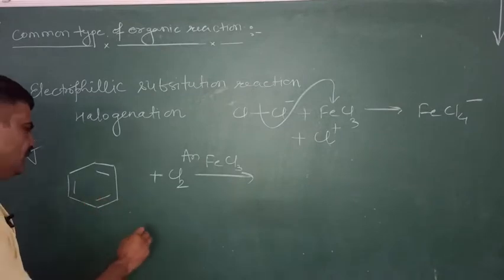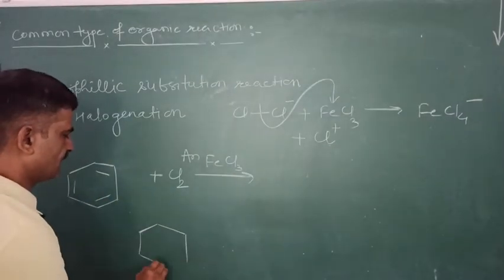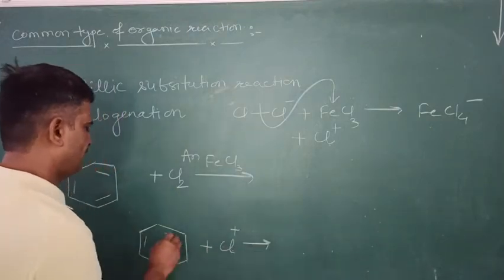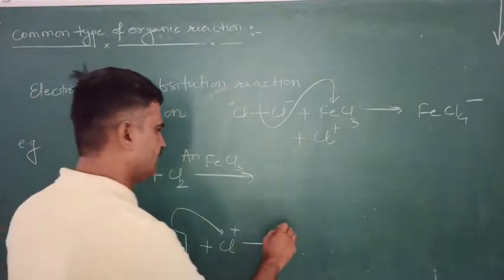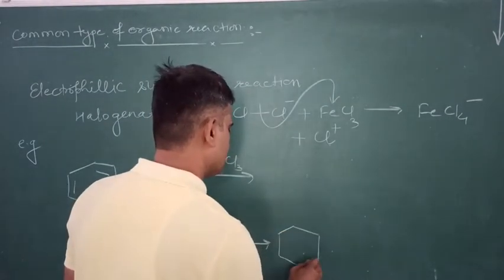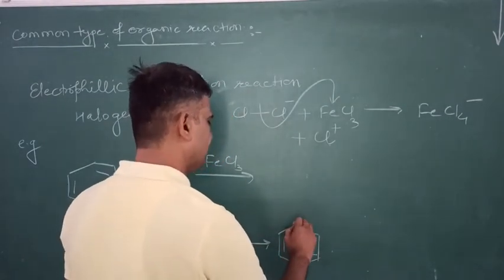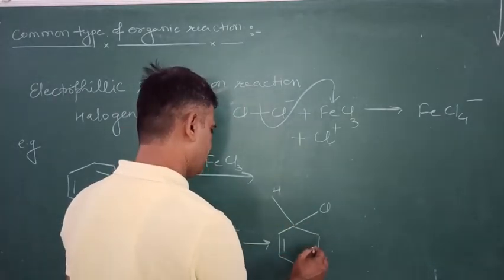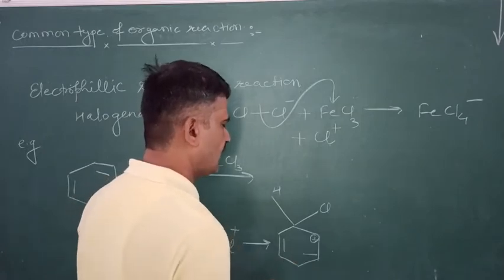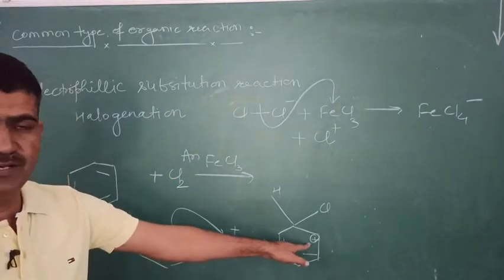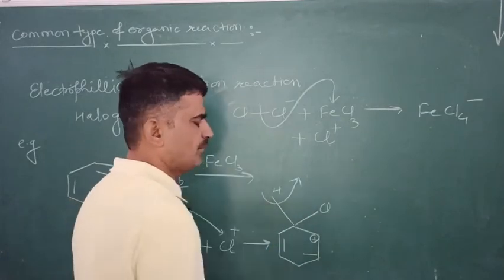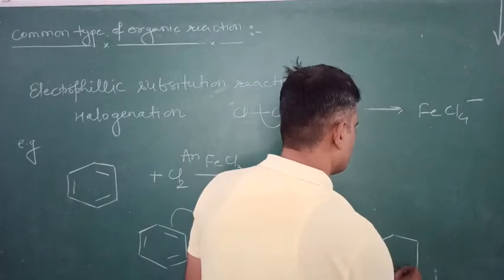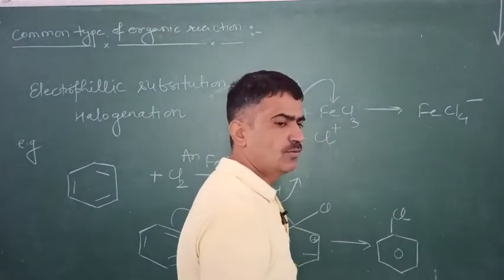This electrophile will reach this benzene this way. The electrons will transfer here. It will join here. A positive charge will appear on this carbon. This positive charge is removed by releasing this proton and it changes to chlorobenzene.